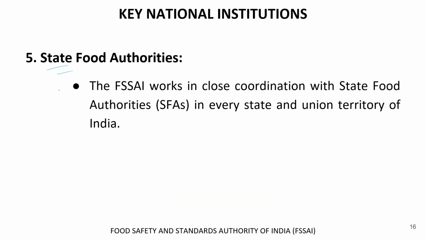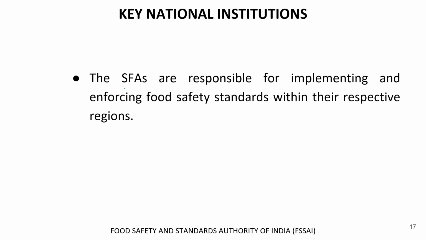Now we have the state food authorities. Basically, FSSAI works in close coordination with state food authorities, in short SFAs, in every state and union territory of India. Okay, basically SFAs are responsible for implementing and enforcing food safety standards within their respective regions.